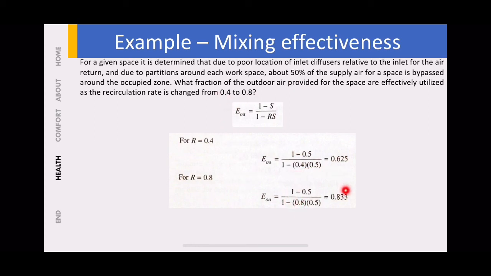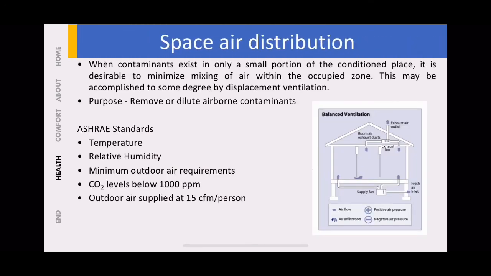So for R equals 0.4, the fraction of outdoor air is 0.625 or 62.5%. That means outdoor air must be 62.5%, or if it's 0.8, it's 83.3%, right?